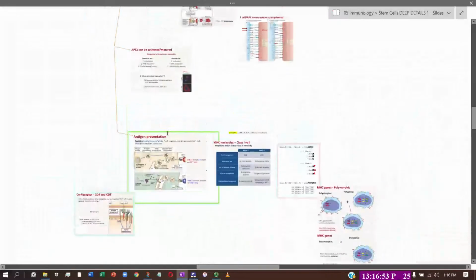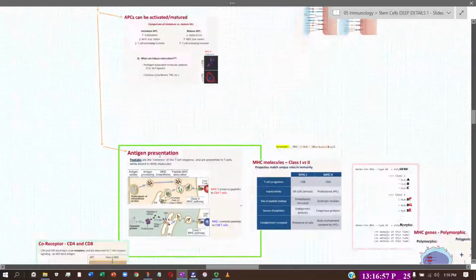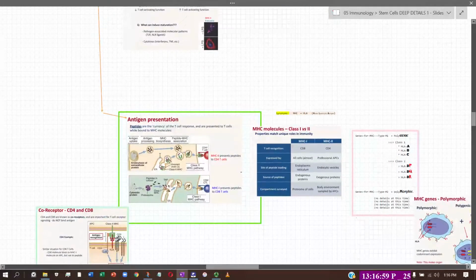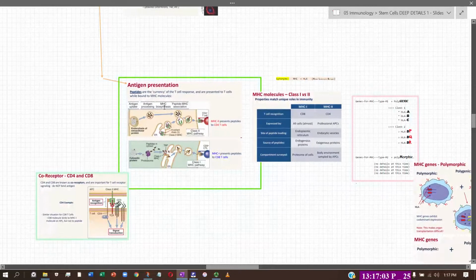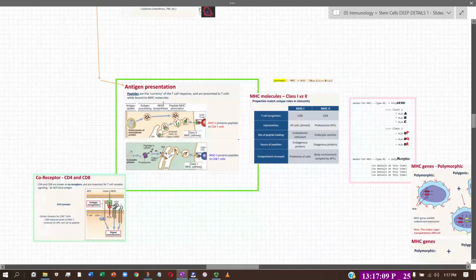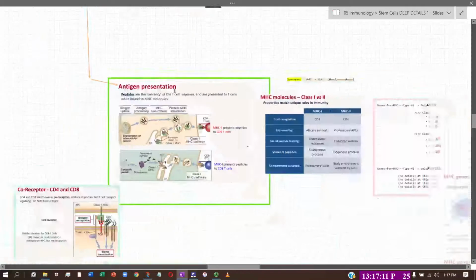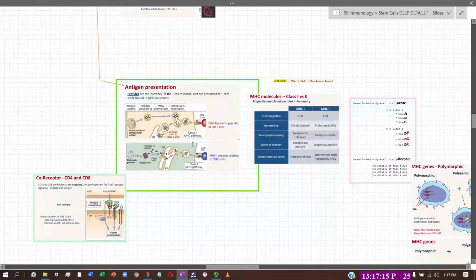Okay, so now definitely this topic is very relevant. As you can see, it's called antigen presentation. That's the function of antigen presenting cells. Here's this diagram of how things happen.